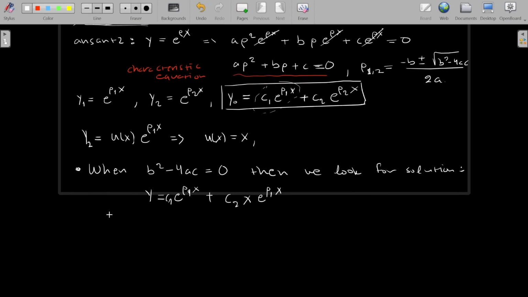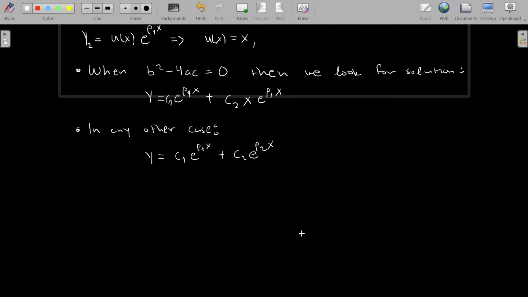In any other case, the solution is just going to be, like we said, c1 e to the rho 1 x plus c2 e to the rho 2 x. Right? That's pretty much it.